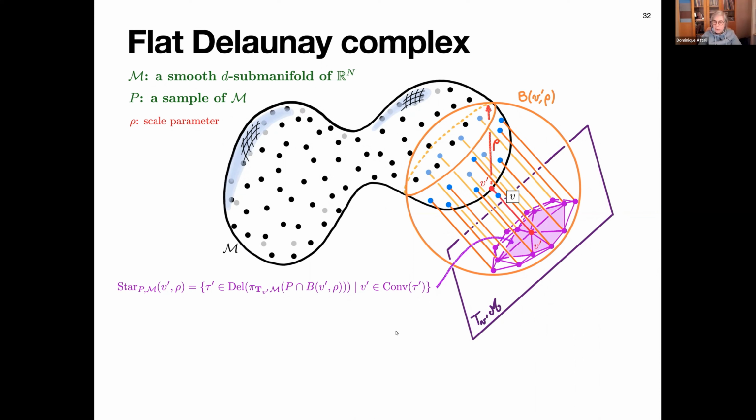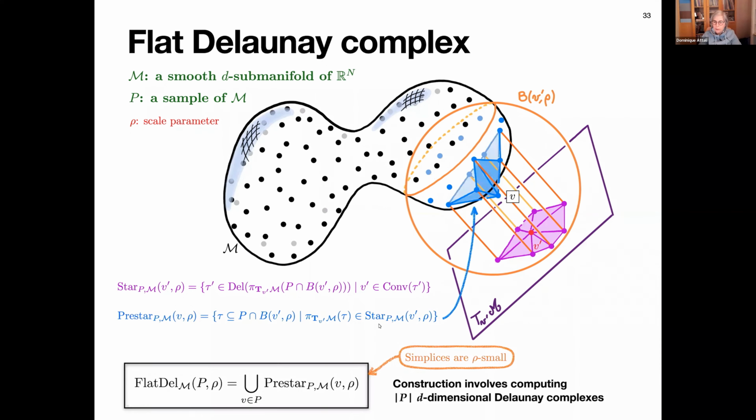Then we are going to lift up the simplices in the star, that is, we're going to define the pre-star. A simplex belongs to the pre-star if it is in this ball of radius ρ, and if the projection of the simplex onto the tangent plane belongs to the star.